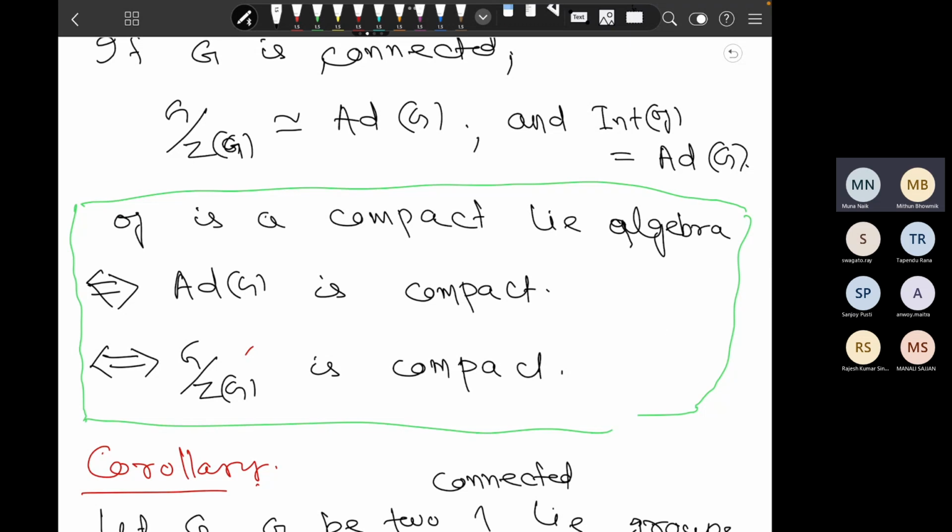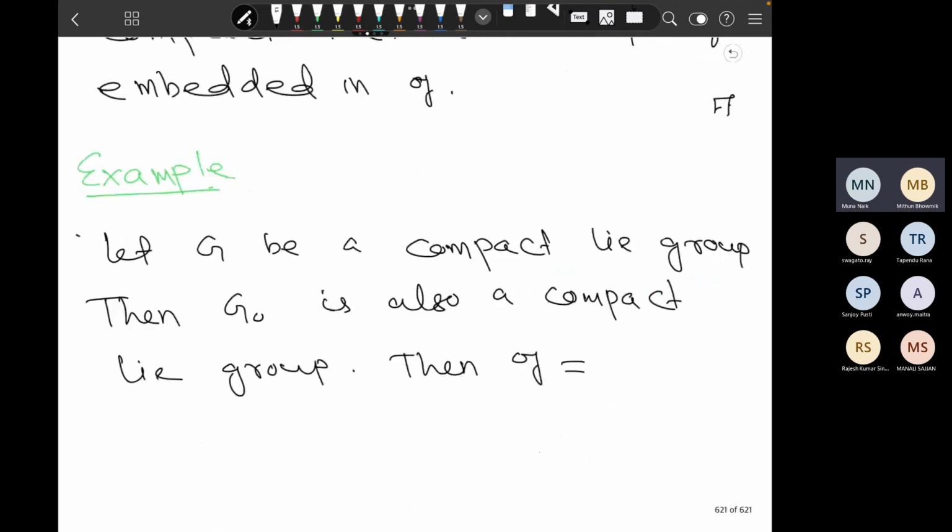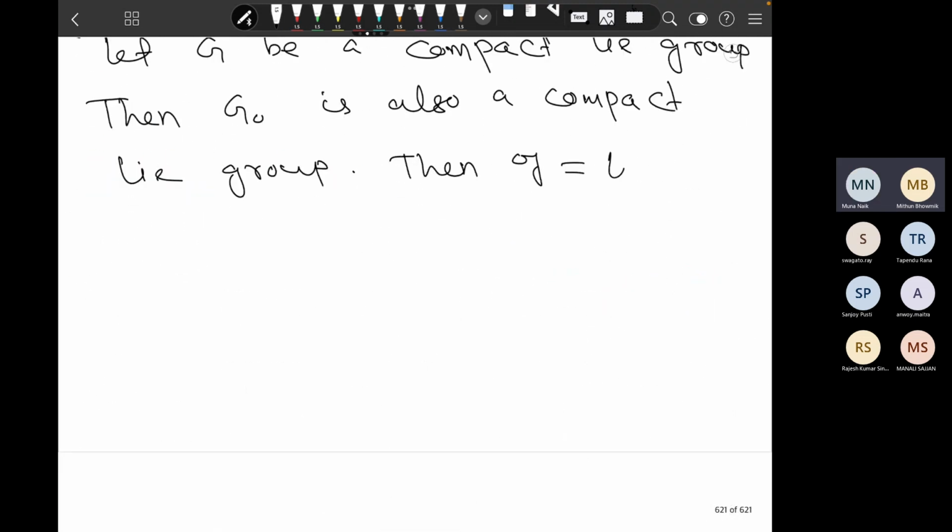Since G naught is connected and compact, you can apply this formalism, and then the Lie algebra of G is a compact Lie algebra.